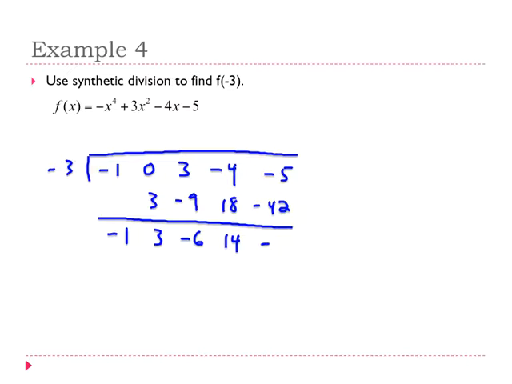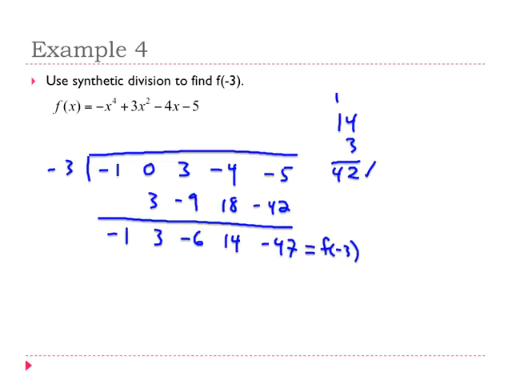And we end up with -47. Just because I'm teaching this lesson and I want to be totally sure, 4 times 3 is 12, 1 times 3 is 3, so yes, that is in fact 42. And it's -42. So here we go. According to the remainder theorem, this is supposed to be f of -3, according to the synthetic division.